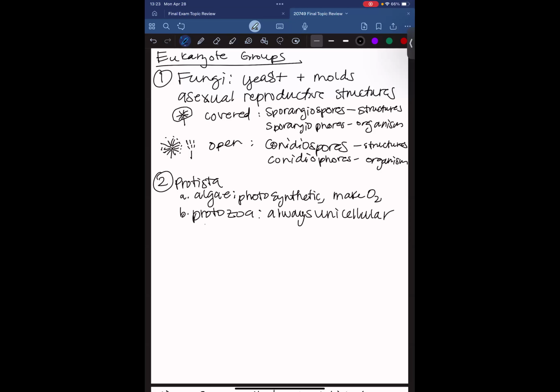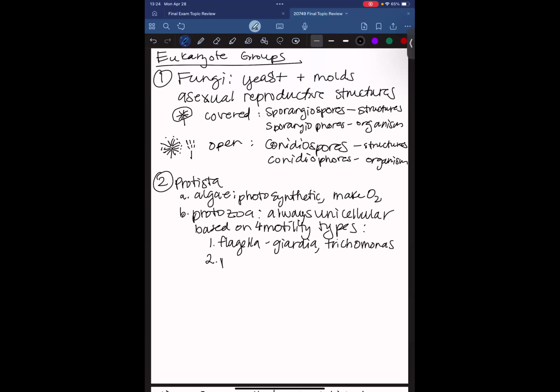So we had 4 major categories of our protozoa based on motility. We have 4 motility types. This is going to be the ones that move by flagella. This would include Giardia and Trichomonas and other ones, but these are just examples.